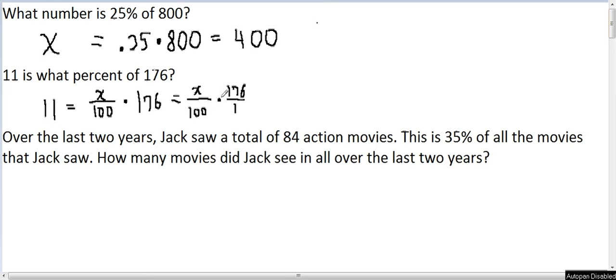When we multiply fractions together, we can rewrite this as a single fraction with the numerator equal to the multiple of the numerators, and the denominator equal to the multiple of the denominators.